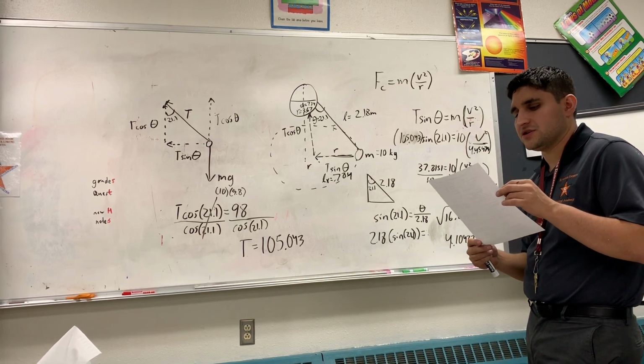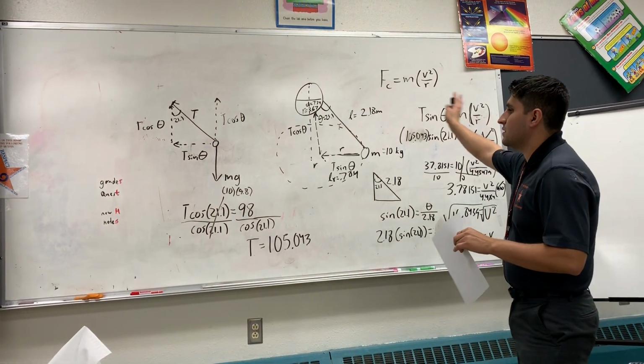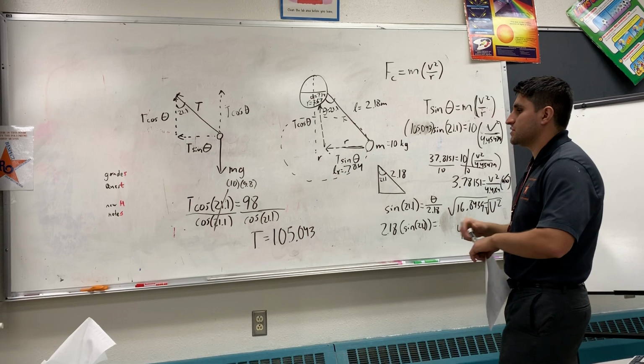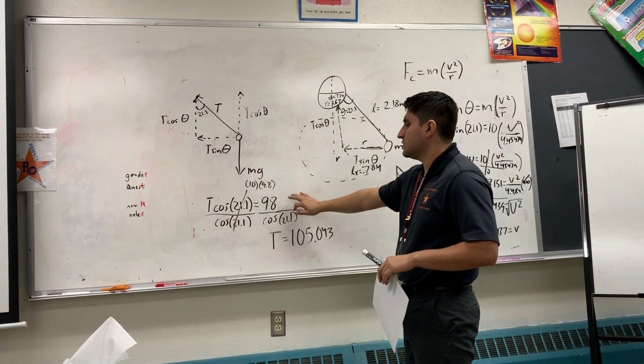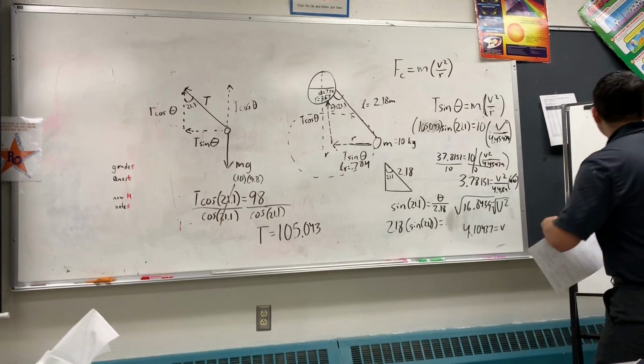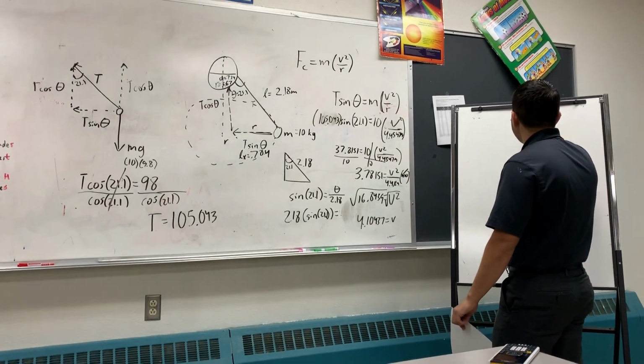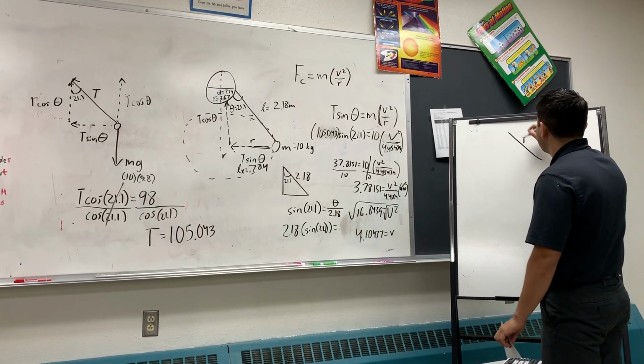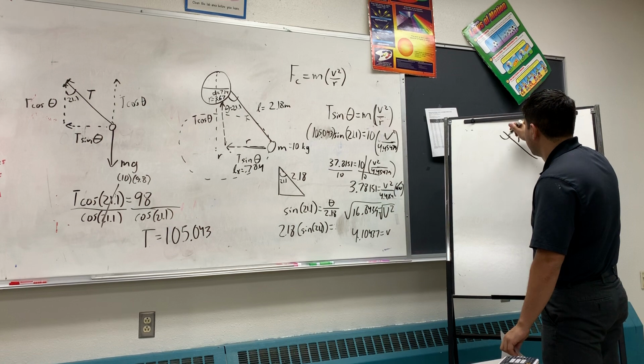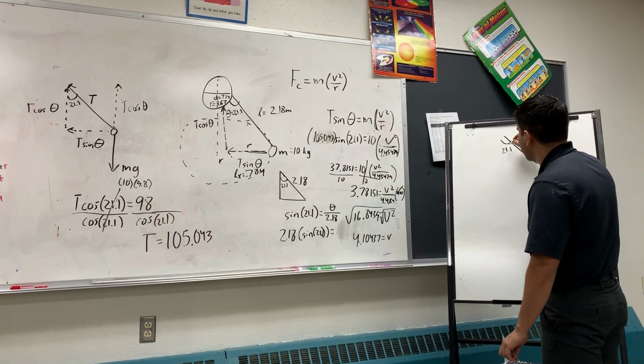So they want to know the tension. So we don't need to know all this anymore. We just need to know this relationship over here. So we have tension, and then the angle right here, 21.1 in my case.